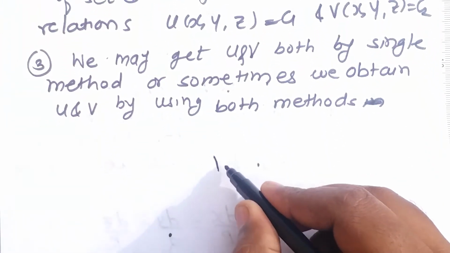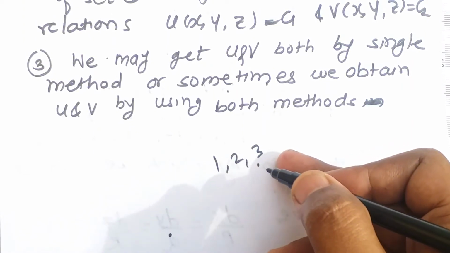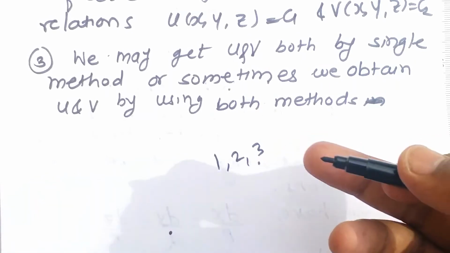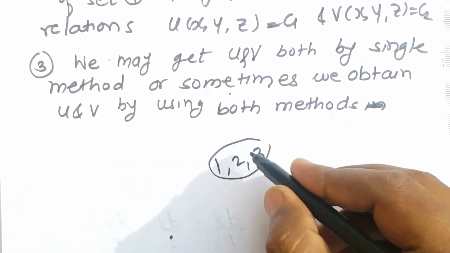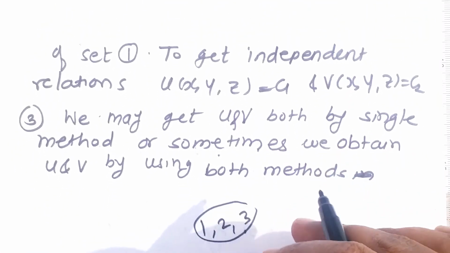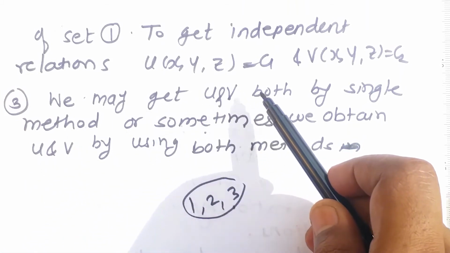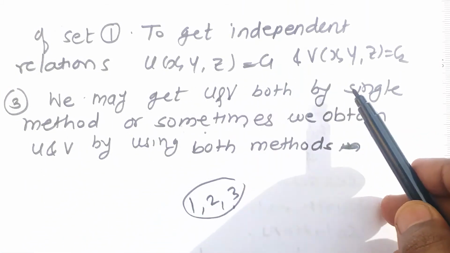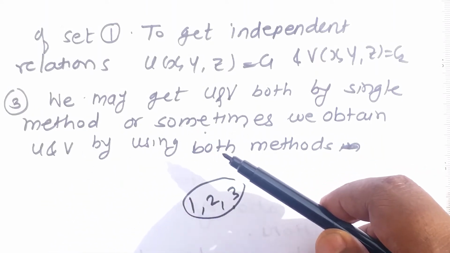For example, if you select the first set of multipliers as 1, 2, 3, you should not select a multiple of this. If you select a multiple of this, you will get the same solution again, which means you will not get an independent relation. That is the meaning of selecting independent multipliers. Now the third note: we may get u and v, these relations, by a single method, or sometimes we obtain u and v using both methods.